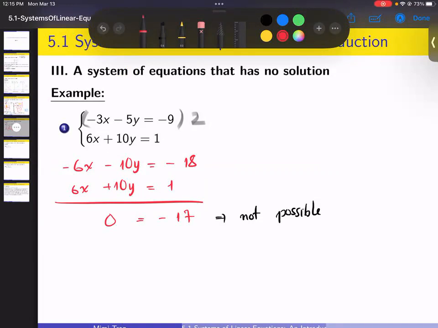So you stop and say no solution. That means empty set or no solution. You can write out no solution.